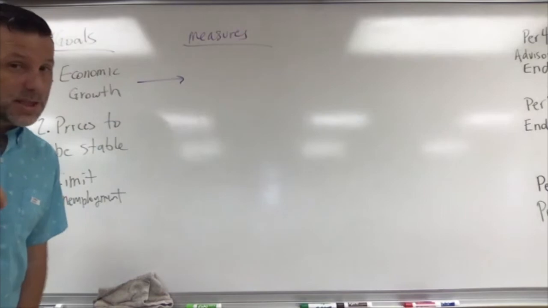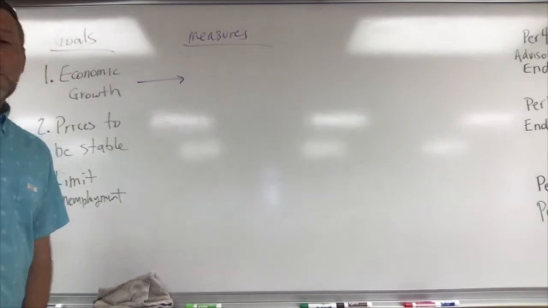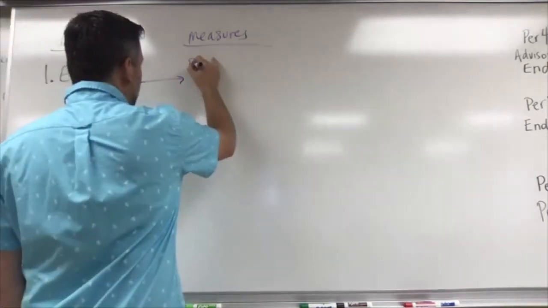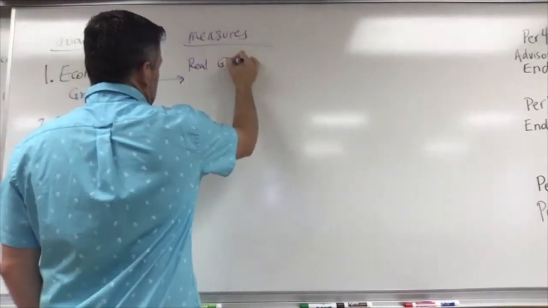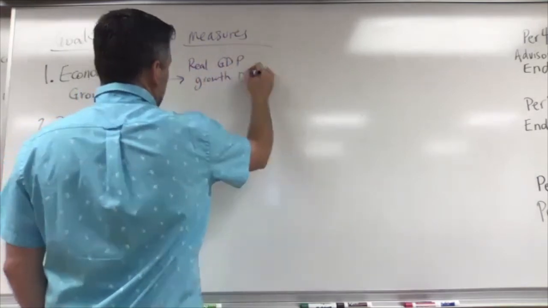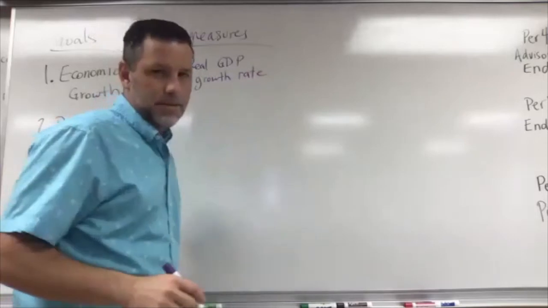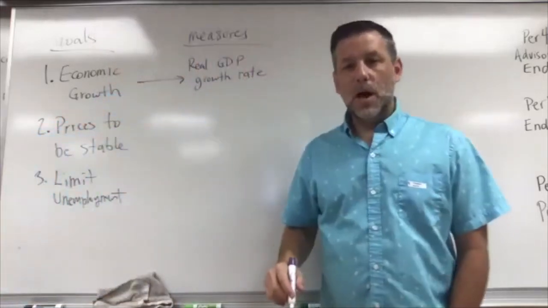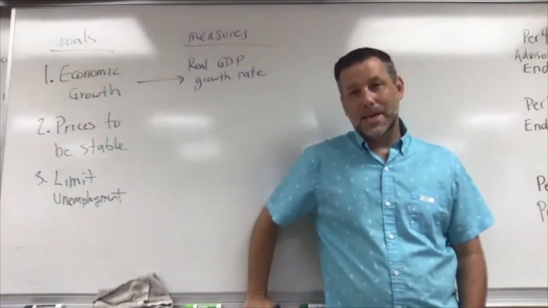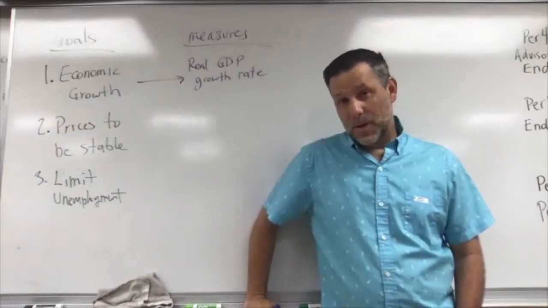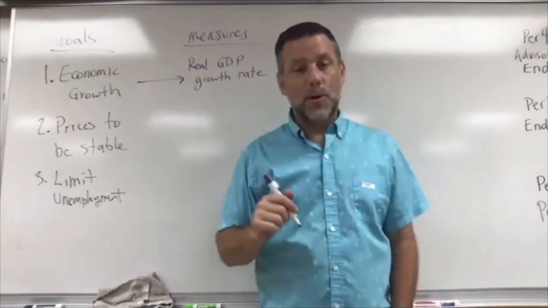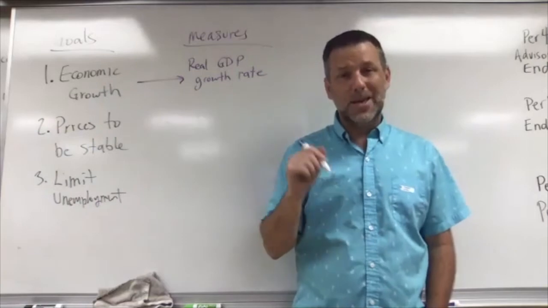Well, the first thing we're going to use is our real GDP growth rate. I want to know, is real GDP growing or is it not? That's what's going to tell me whether my economy is growing or not, that real GDP growth rate.